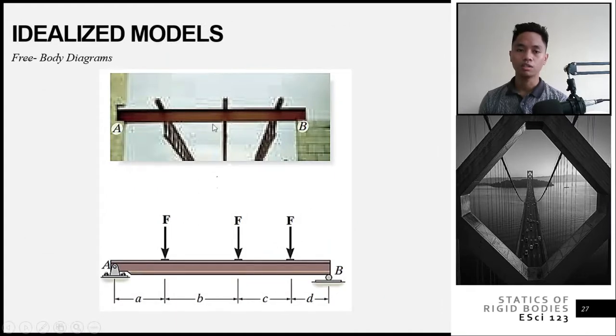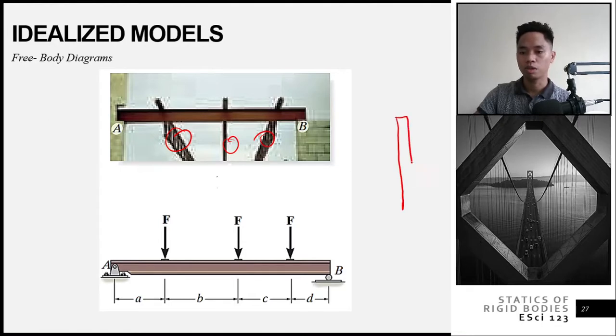So idealized models, for example, in reality, especially if you design buildings or structures, you start by analyzing the slab. For example, this truss here, we put it on the slab. Then our girder, this girder, is in top view. Suppose this would be our girder. This is called the tributary area.